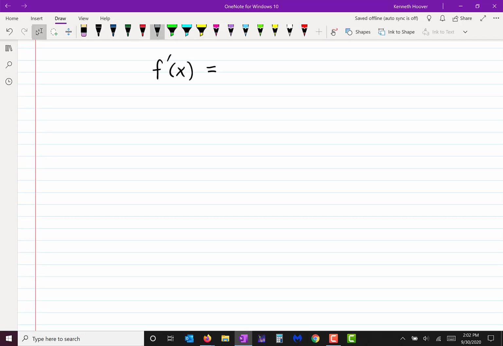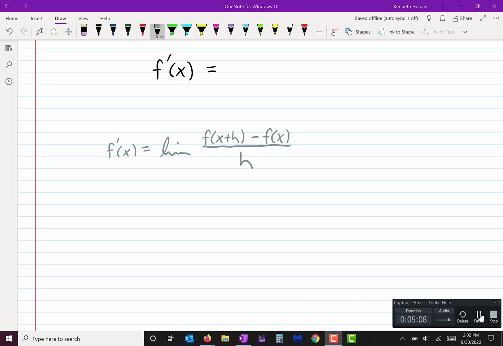So I'm going to write down our original definition here, and this is the limit as h goes to 0.